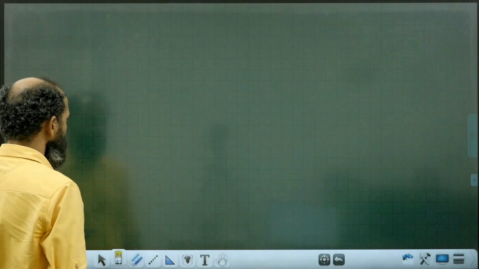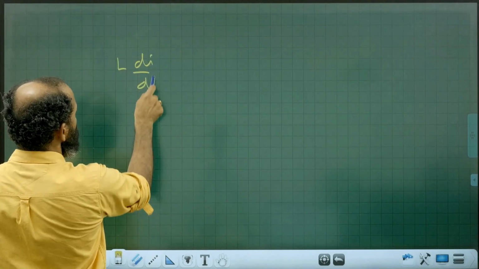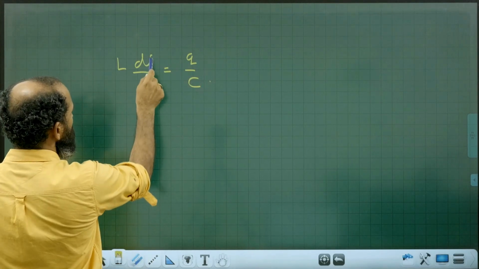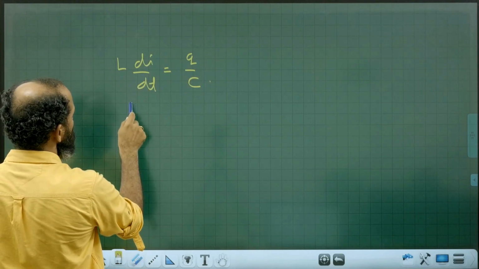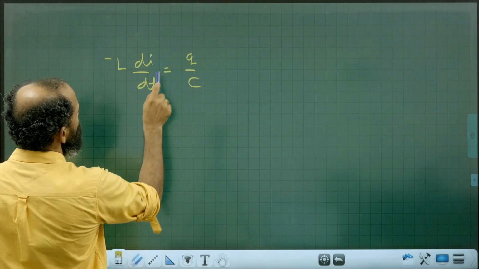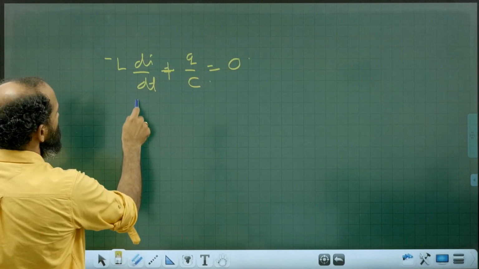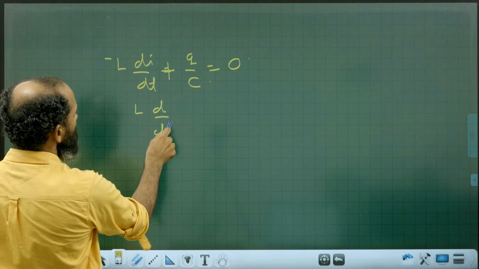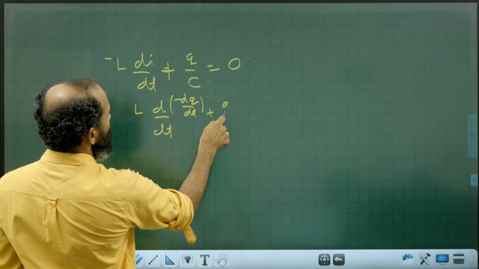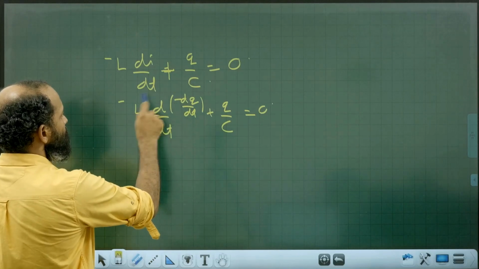Okay, now the voltage across the inductor is L di by dt. Voltage across the capacitor is Q by C. I is minus dq by dt. Then this voltage is also minus L di by dt. So minus L di by dt plus Q by C equal to 0, we can write like this. L into d by dt of I, which is minus dq by dt, plus Q by C equal to 0, and this minus of minus becomes plus.